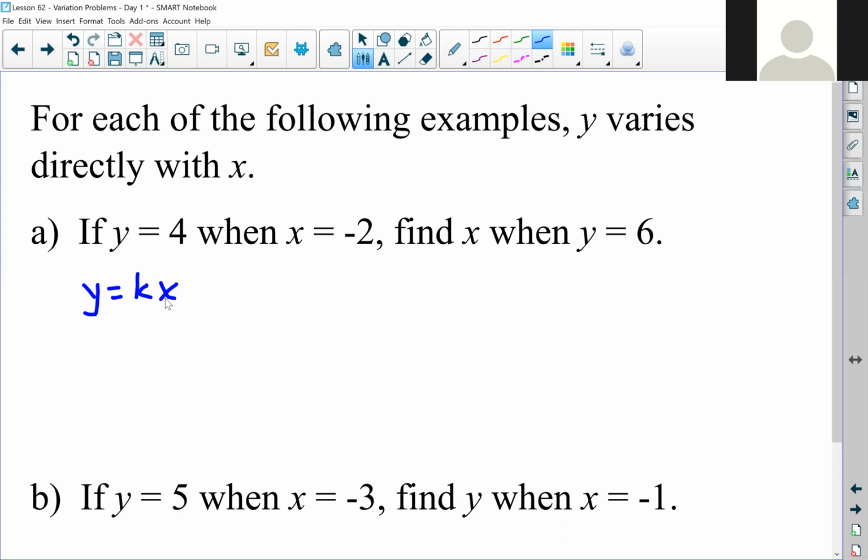So one way you could solve it is plug in the x and y that you know. So 4 equals k times -2. And then solve for k.